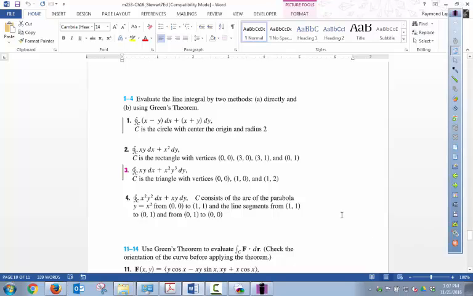Okay, so these first types of problems are asking us to, by the way, I don't know if you can see this notation, but they have a new kind of notation for integrating over closed curves.